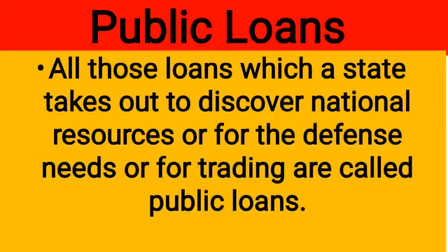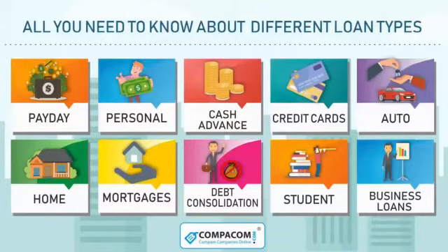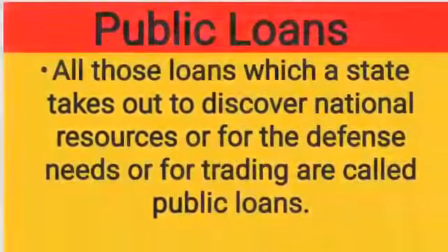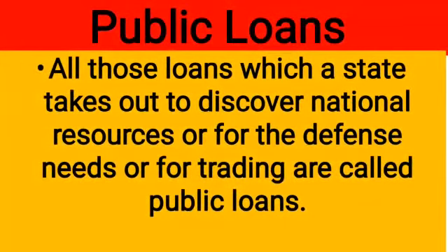Public is me and you, right? So our government of Pakistan is also getting loans from other countries to fulfill the demands of our people, my demands and your demands as well. As I told you, all those loans which a state takes out to discover natural resources, for defense needs or for trading purposes are called public loans.